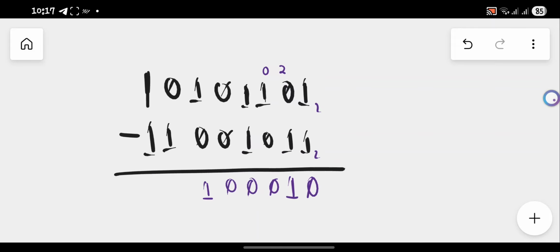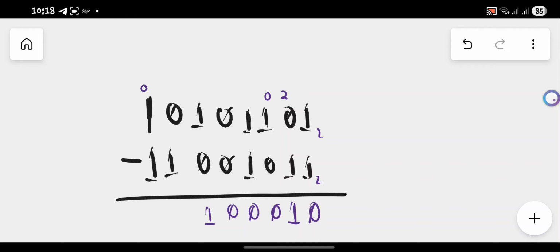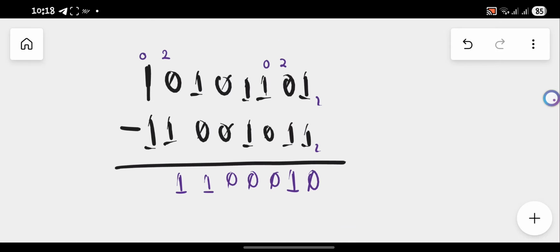Then here is not possible, so we are going to borrow. So here becomes 0 for us. Then we will borrow this 1 and here becomes 2. Then this will give us 1. Then 0 minus 1 is not possible, so we borrow 1 so that it becomes negative, right?